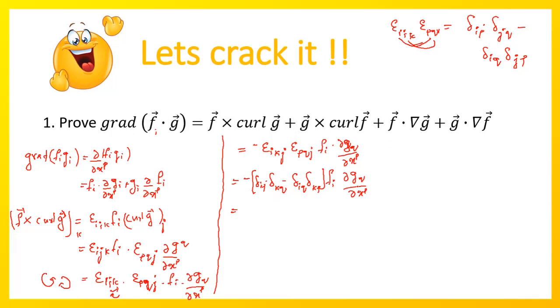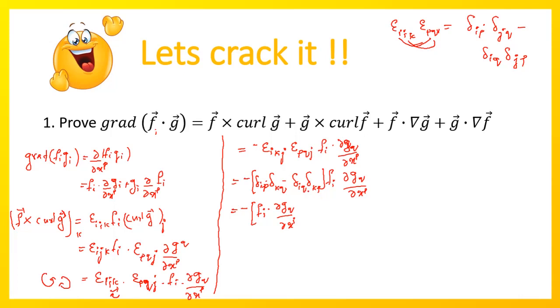Now I can just use it over here. So using it, we know that when delta I has to be equal to P, therefore I and P can be identified. I can write it as minus of fi into ∂gQ divided by ∂xi.